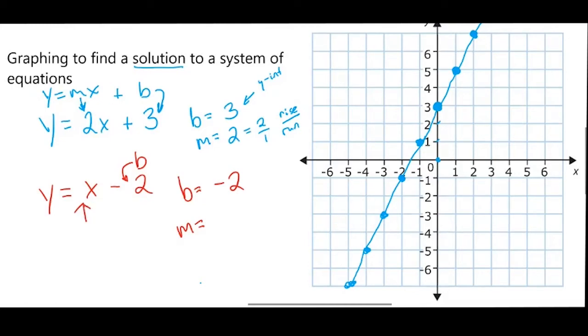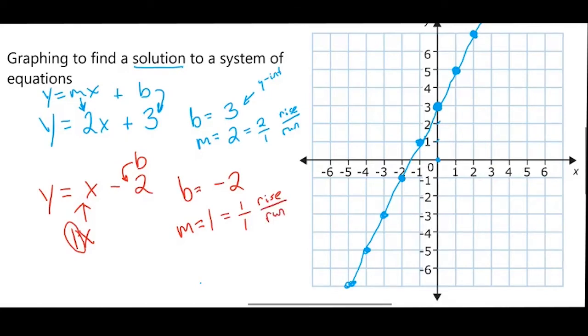So we know that if there's nothing in front of the x, that's 1x. So the number in front of the x is 1, so m is 1. But that needs to be a rise over a run, so it's 1 over 1. So I rise 1, I run 1.